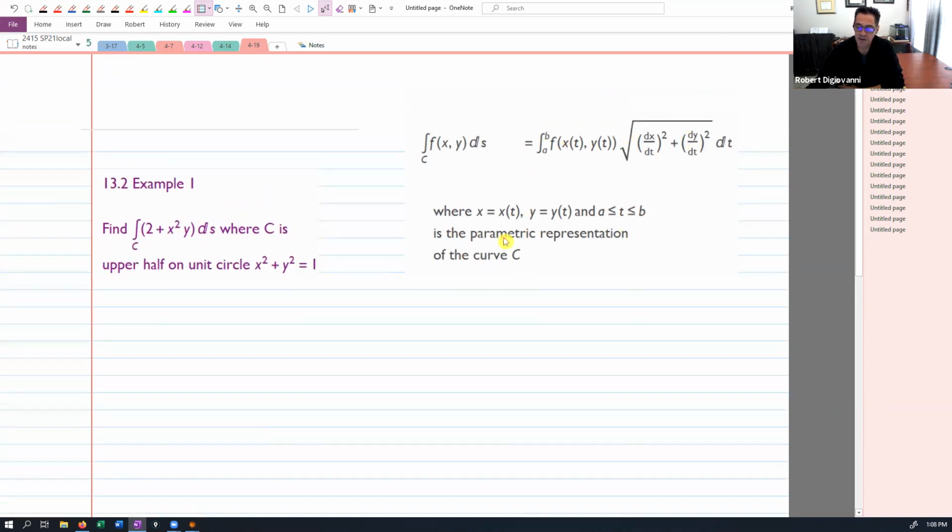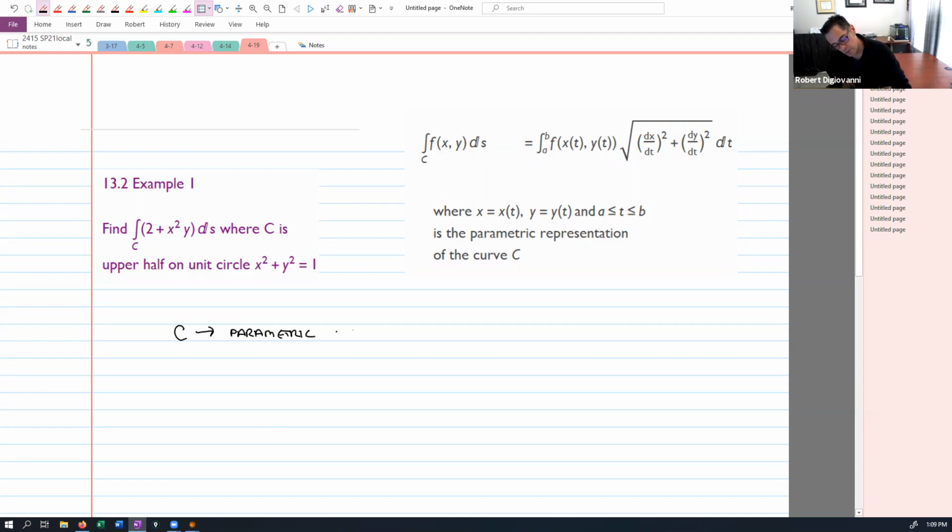And I put this here, this is the formula that we're going to use just so we can have it as a reference. So first things first, we have to figure out how we can draw c using parametric equations. So let's take c and put it in its parametric form.